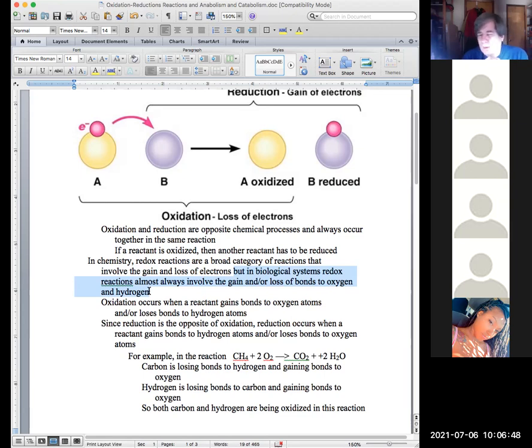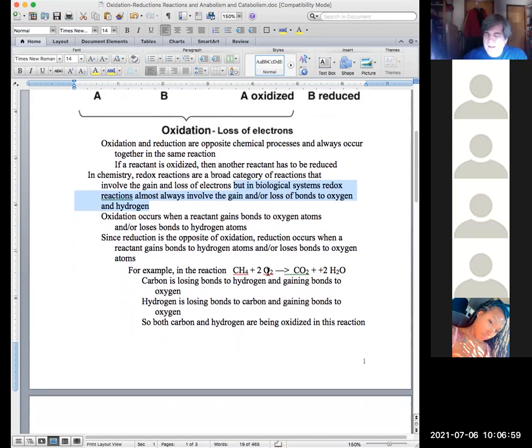Keep in mind, if you took a chemistry class, you would look at this from a much broader perspective. So when we look at a living system, oxidation occurs when a reactant gains bonds to oxygen atoms, or when it loses bonds to hydrogen. Either one of these, they could both happen or just one happens.